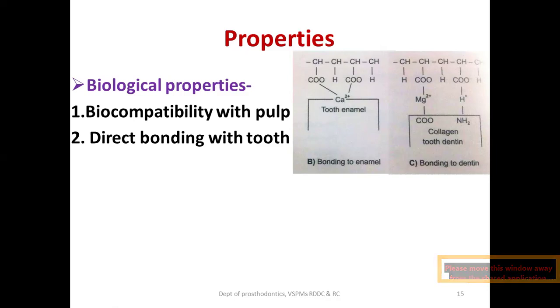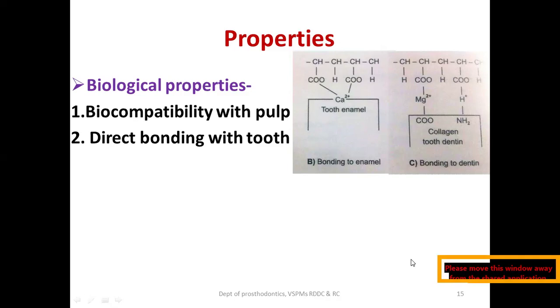Then the third cause is the large size of the polyacrylic acid. The molecular weight of this liquid is 25,000 to 50,000, and the molecular size of phosphoric acid is around 10,000. If you imagine a dentin tubule, and the size of the phosphoric acid is smaller, it can penetrate the dentin tubules.